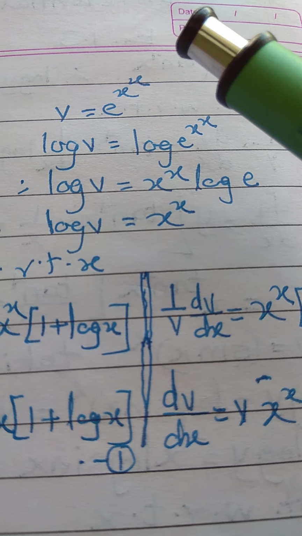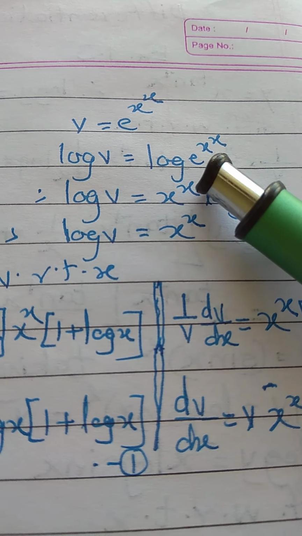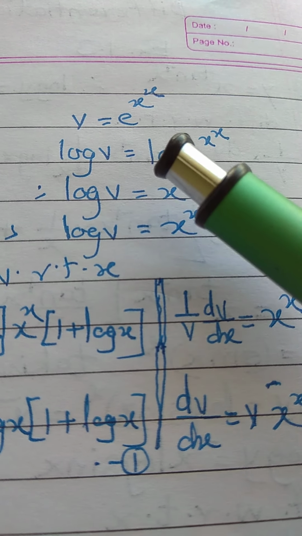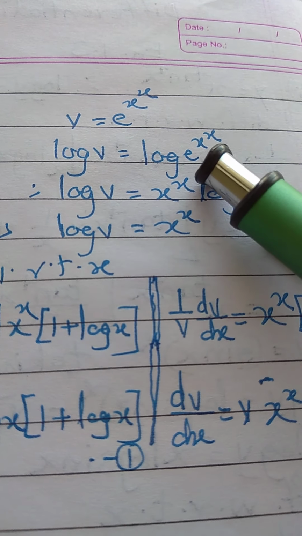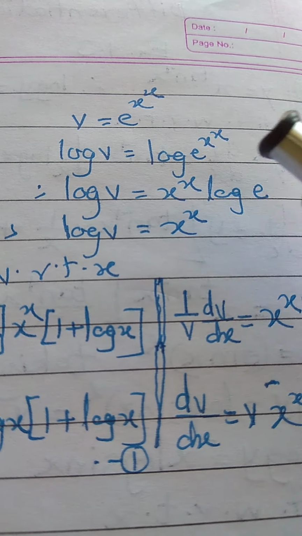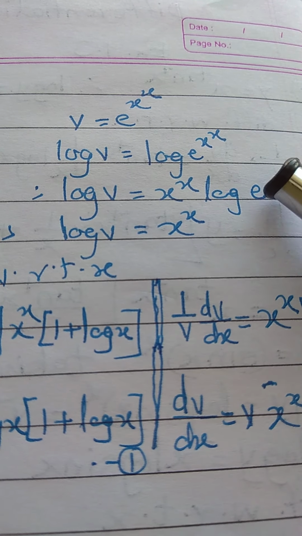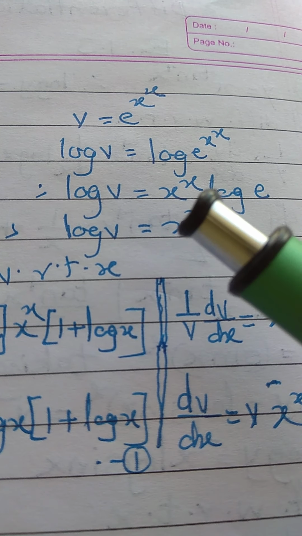What is v here? v is e raised to x. Then log of v will be log of e raised to x. Now, according to the property, log of a raised to p is p log a. Log of e raised to x will be x raised to x log e. Log e, here base is e, so log e to the base e will be 1. So log v is here x raised to x.